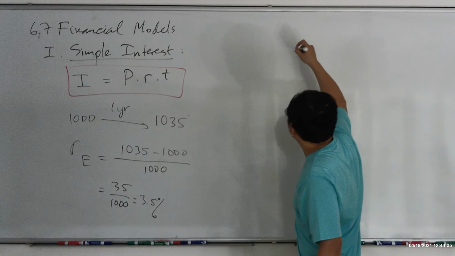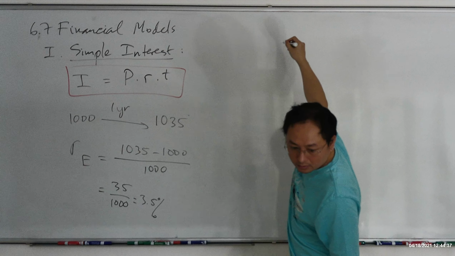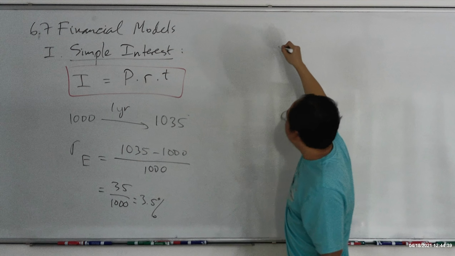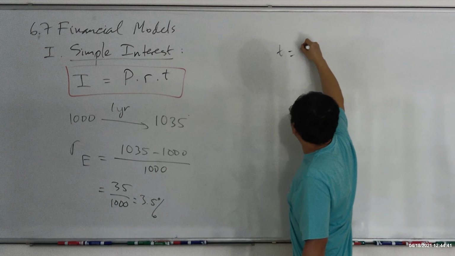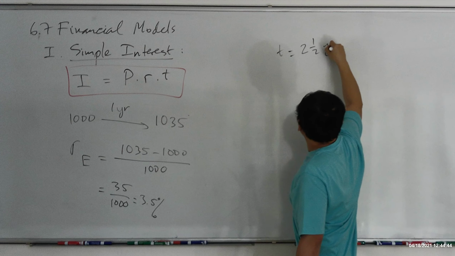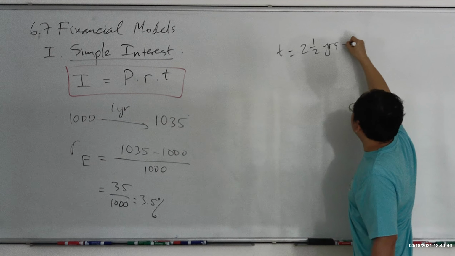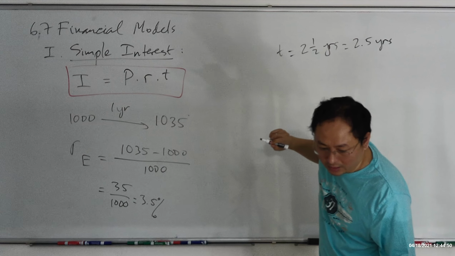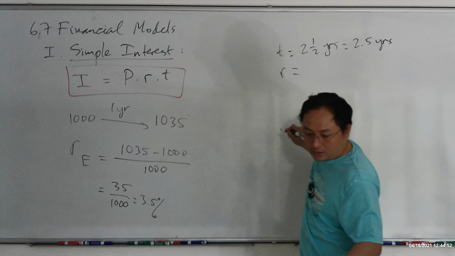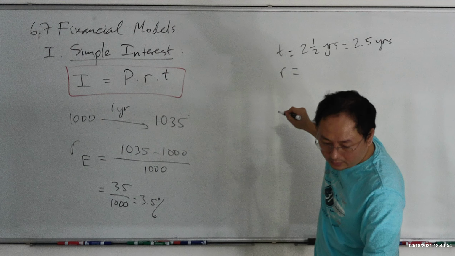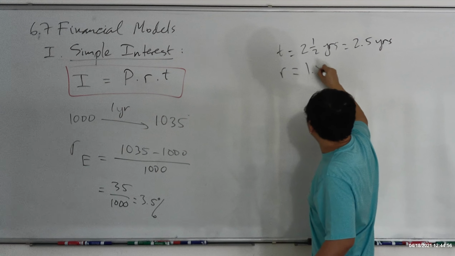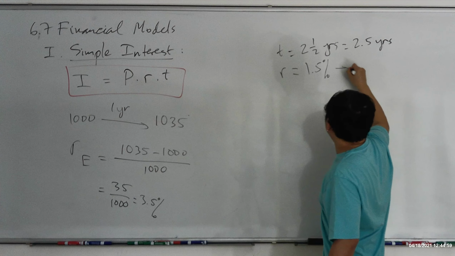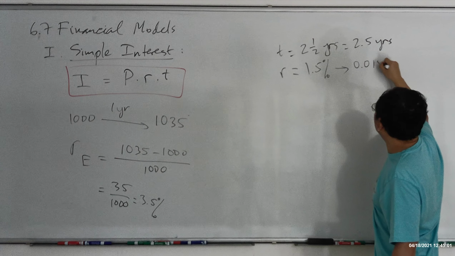So they give you the time, 2.5 years, which is already in decimal. And the rate is 1.5%, which you have to change to decimal, 0.015.